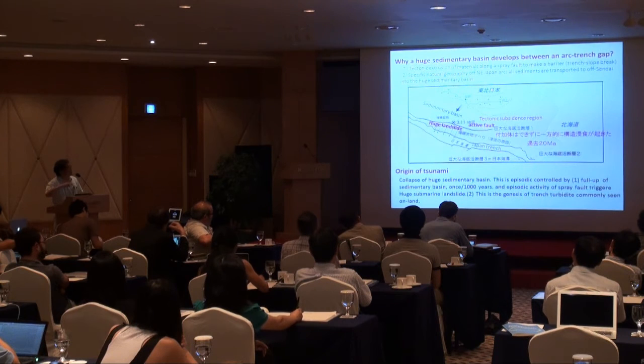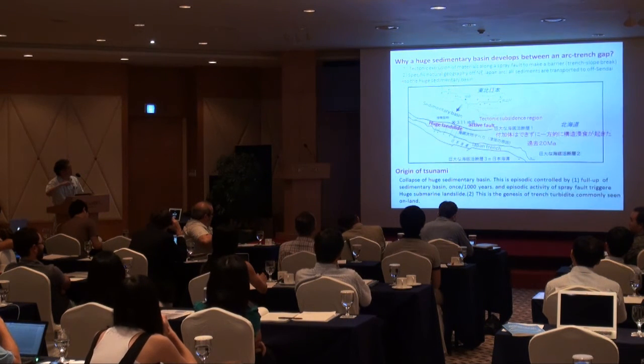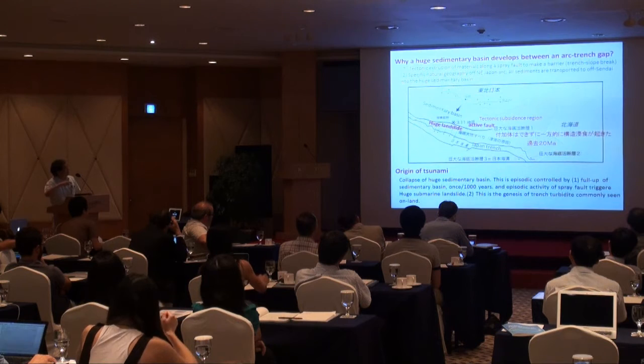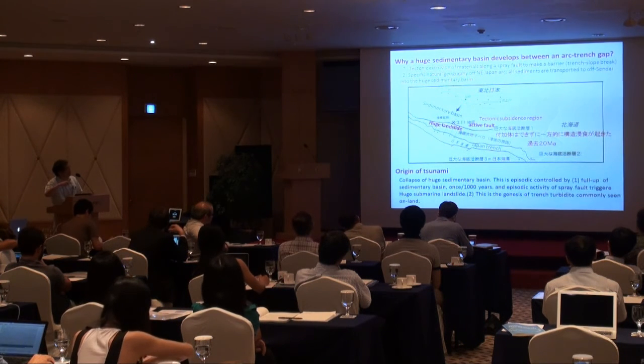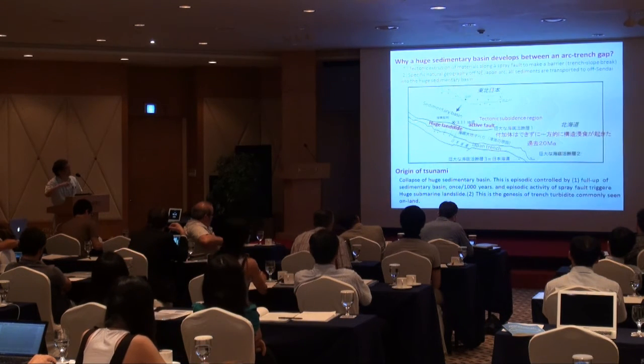That is the reason why the sedimentary basin is formed in this region. Please note the distribution of the splay fault underneath. This is the center of that asperity. This is active. So a huge landslide could possibly transport sediments episodically to the Japan Trench here.